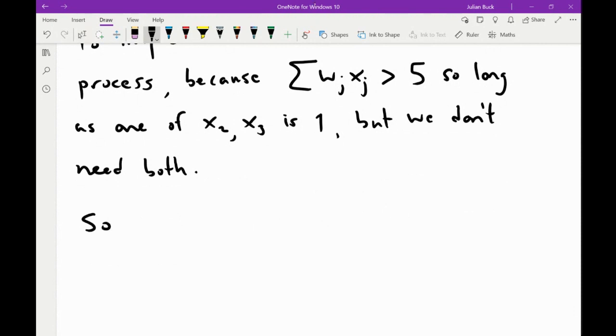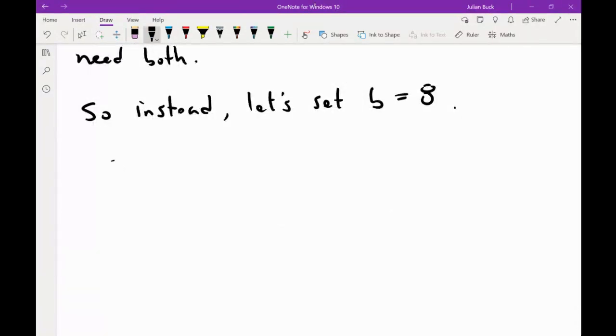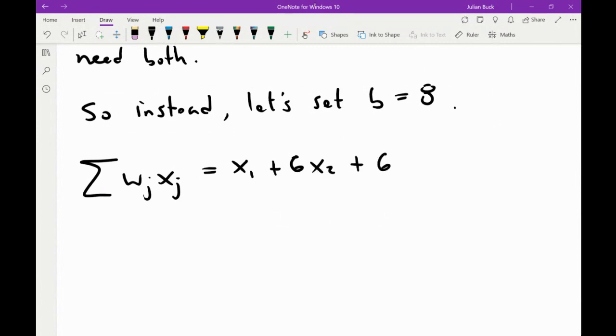So instead, let's set B equals, I'll just do 8. There's lots of choices that would work, but this is fine. So the net input, as before, is x1 plus 6x2 plus 6x3.